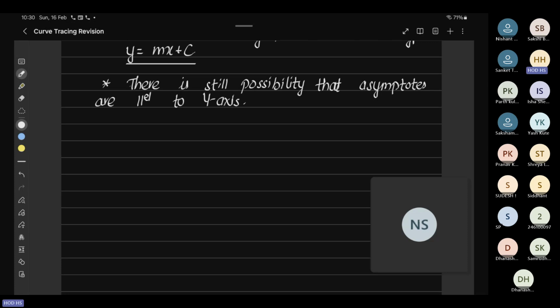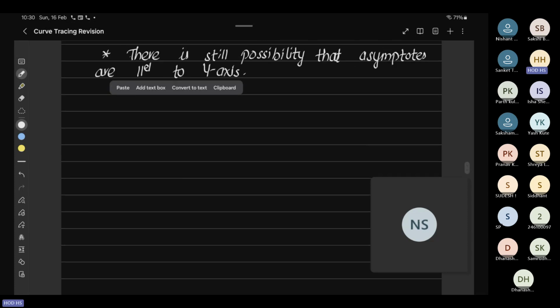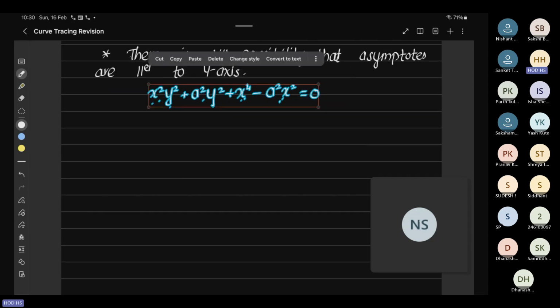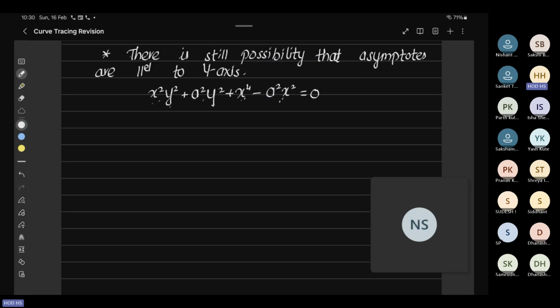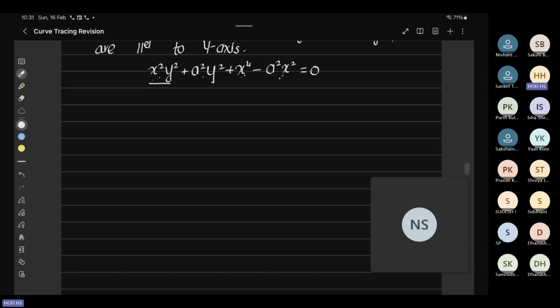To check that, we'll again start with our given equation and equate the coefficient of the highest degree of y with 0. Notice that the highest degree for y appearing here is y square. So collect the coefficient of that, x square plus a square, and equate to 0. Notice that this also we cannot solve.